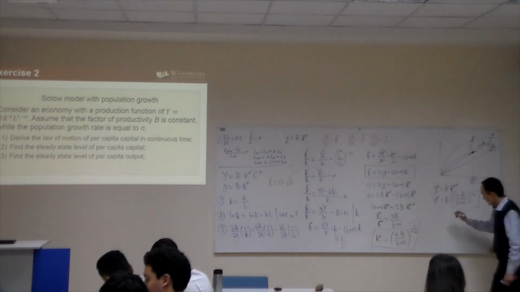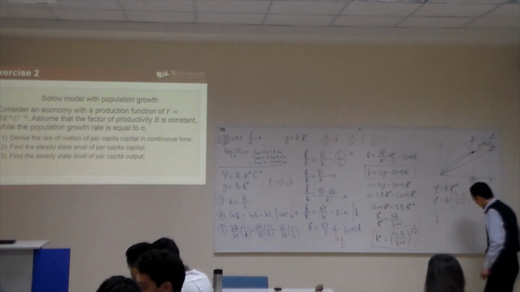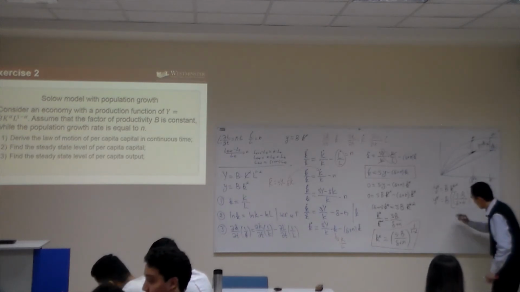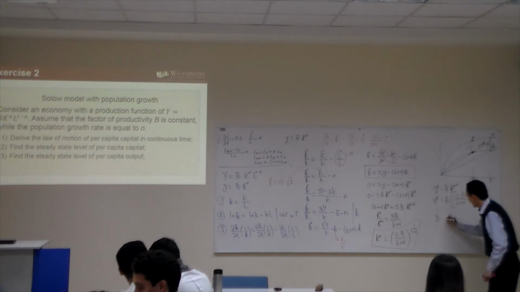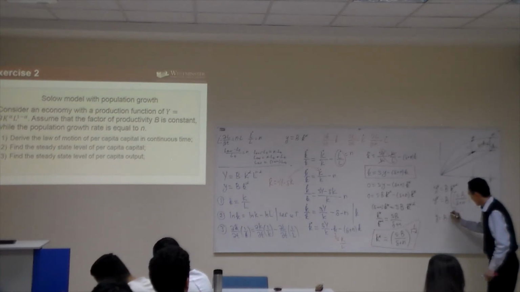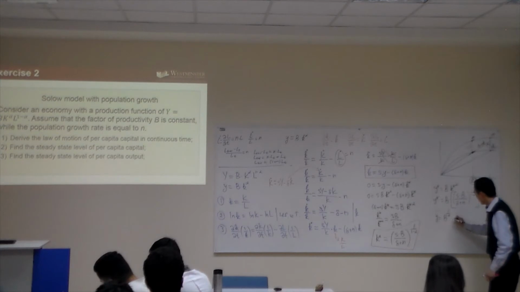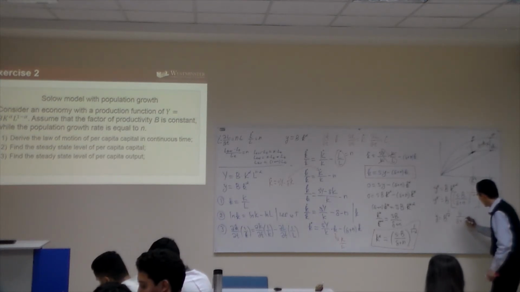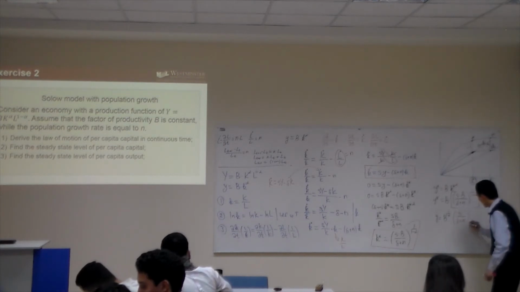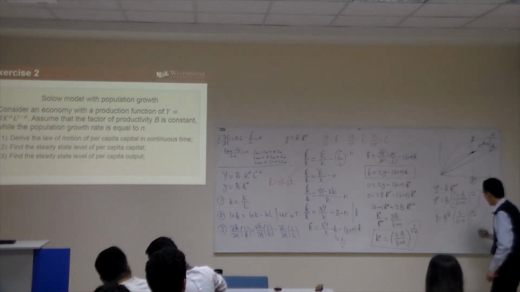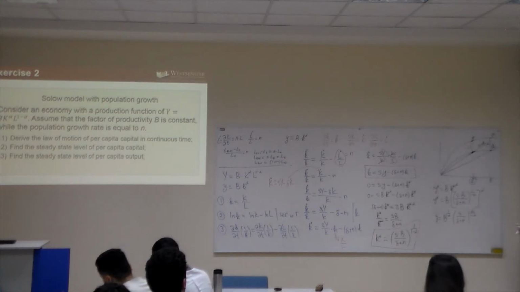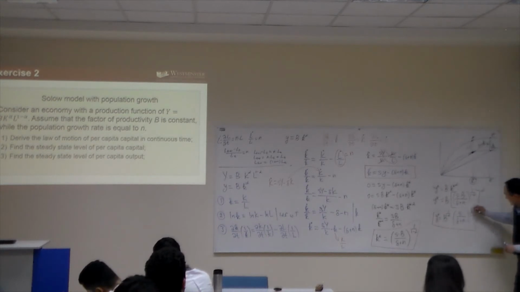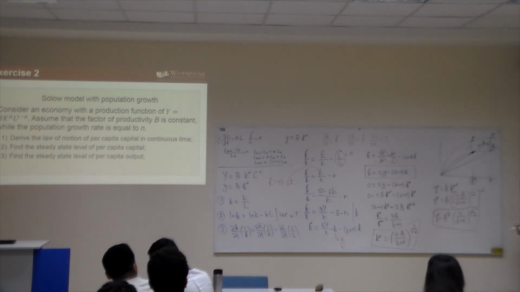So our Y star is equal to B in the power 1 over 1 minus alpha times saving rate over delta plus n in the power of alpha over 1 minus alpha. So this is in the steady state level. Steady state level of per capita output.